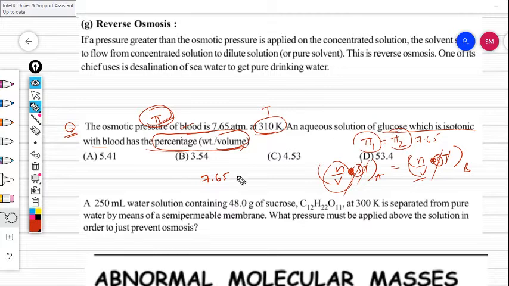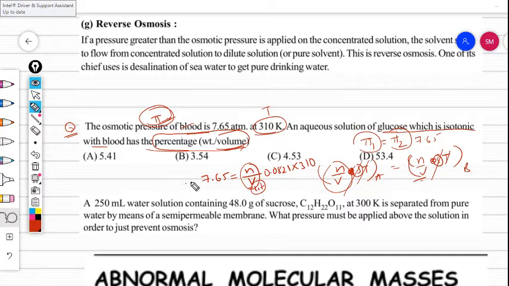No. So n by V is being asked, and S is 0.0821 and T is 310 Kelvin. He asked for the percentage, but this n by V is in 1 liter. So if you calculate, you are going to get it.